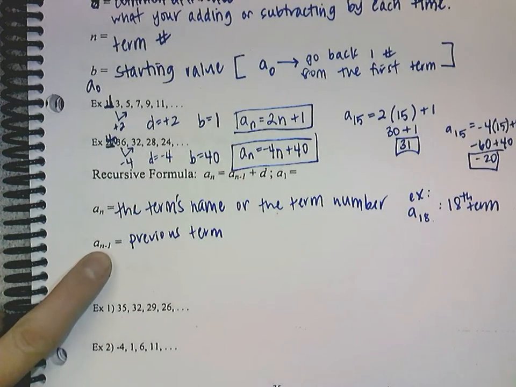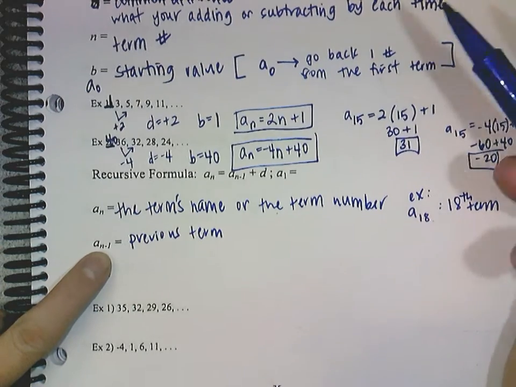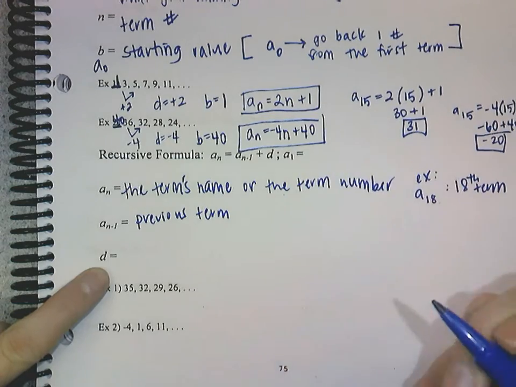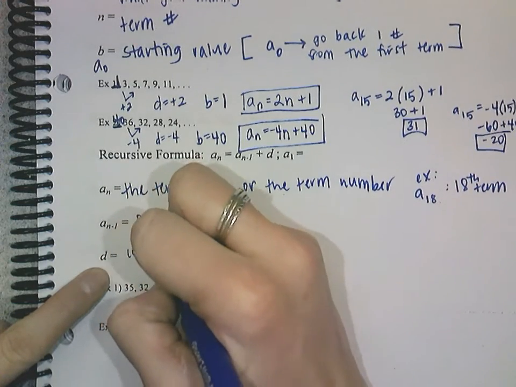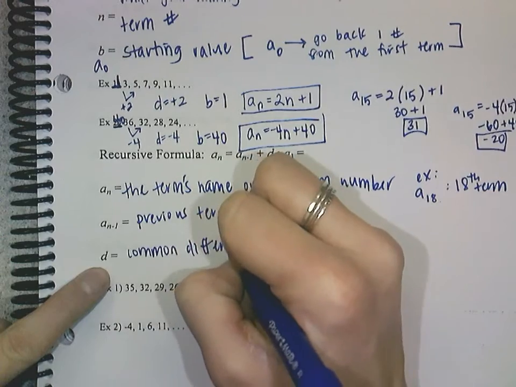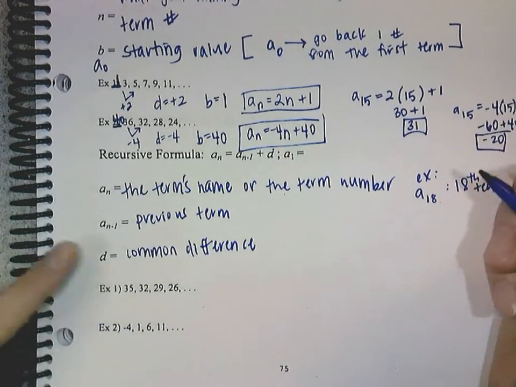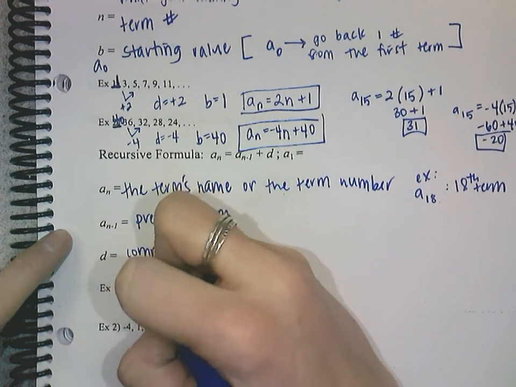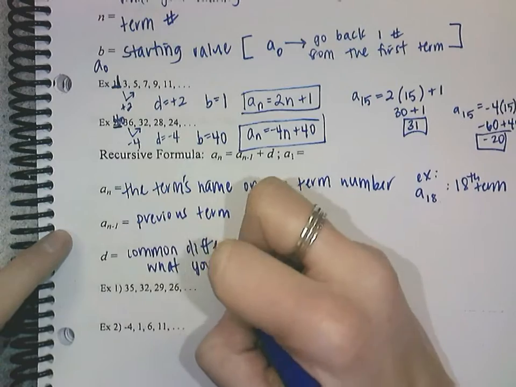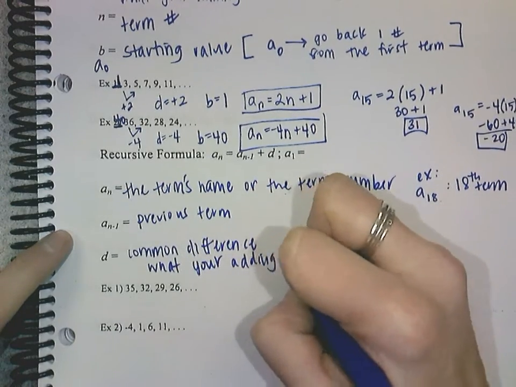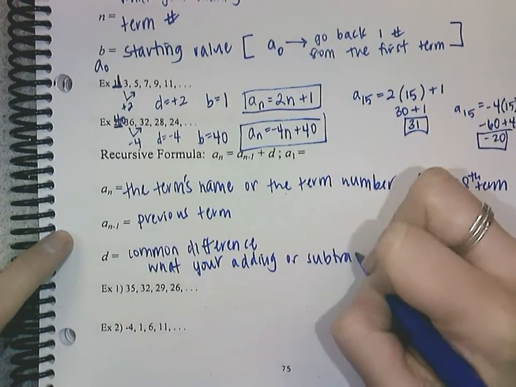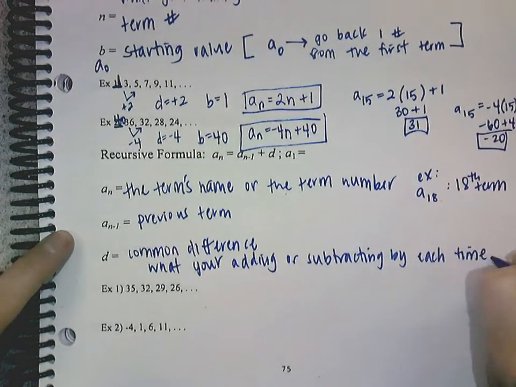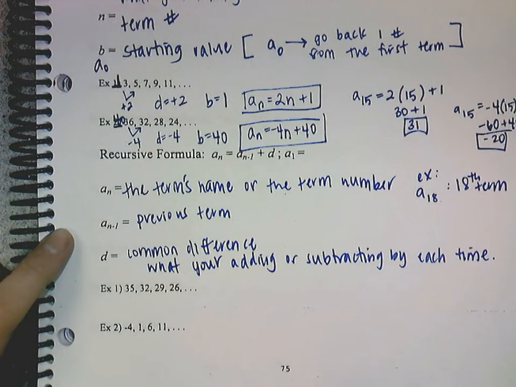Not necessarily the first term or the 0 term, which we needed in the explicit. And then d is the common difference, just like the explicit. And then we can also say that this is what you're adding or subtracting by each time.